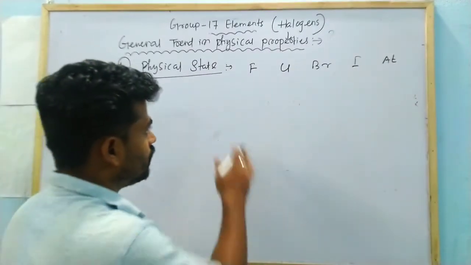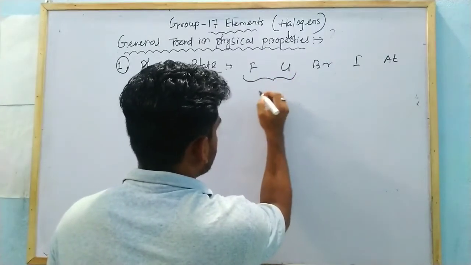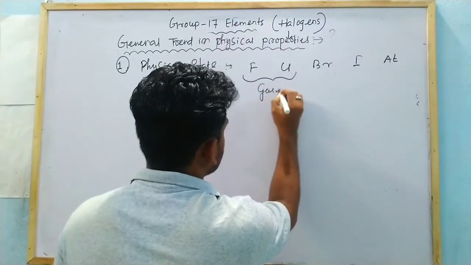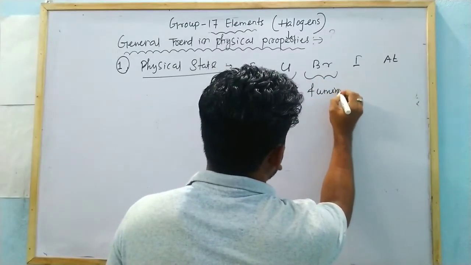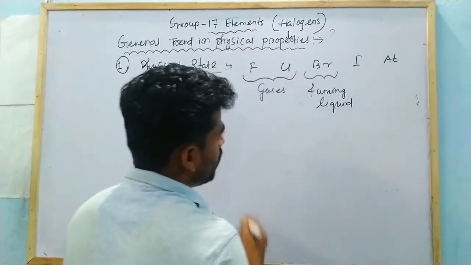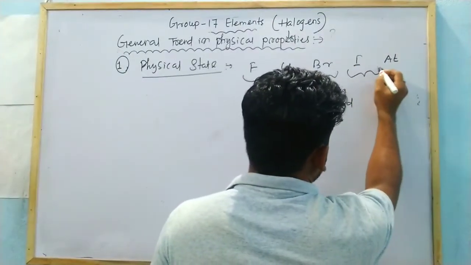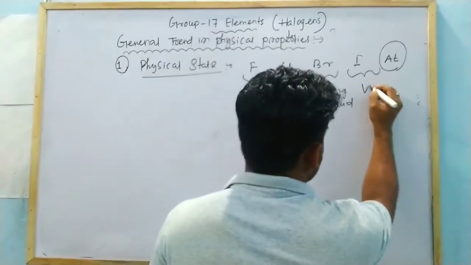In this trend, fluorine and chlorine exist as gases, bromine exists as a fuming liquid, while iodine exists as a volatile solid. Astatine is radioactive, so forget about that.